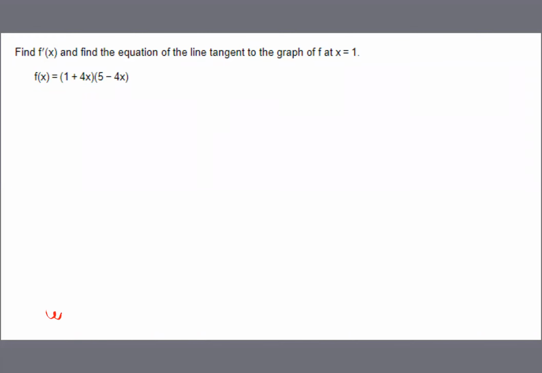It's working here. Okay, so here we go. Find f prime of x and find the equation of the line tangent to the graph of f at x equals 1.